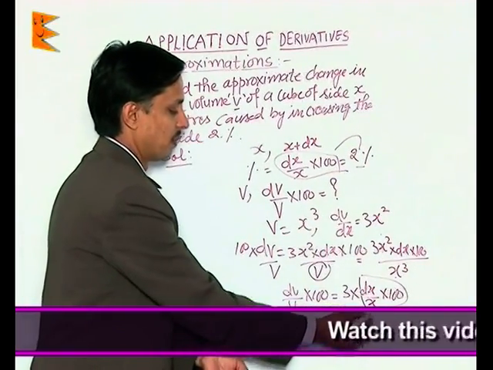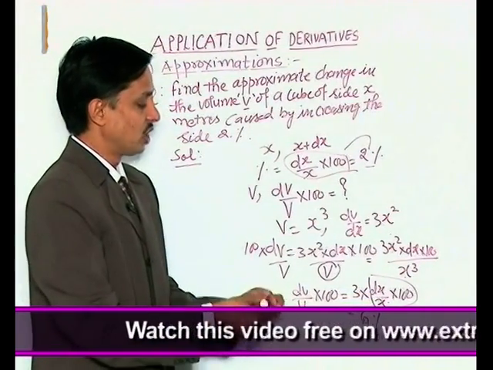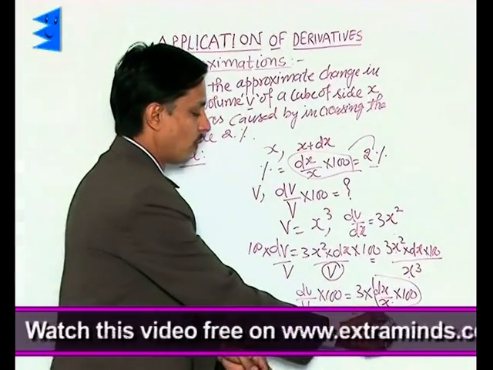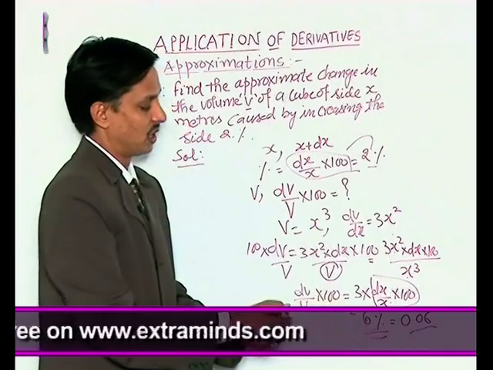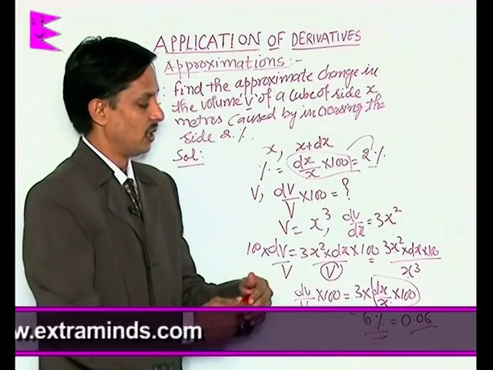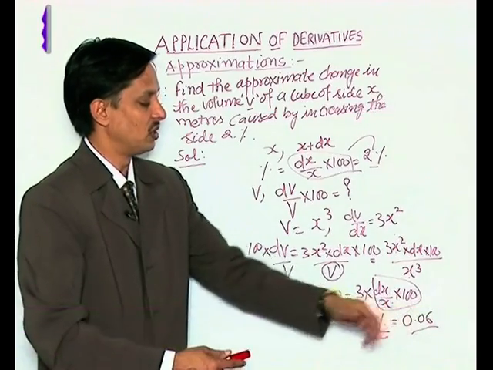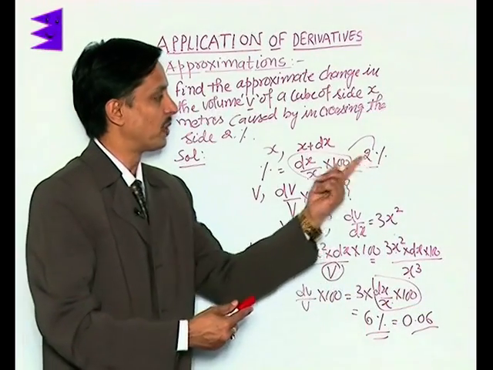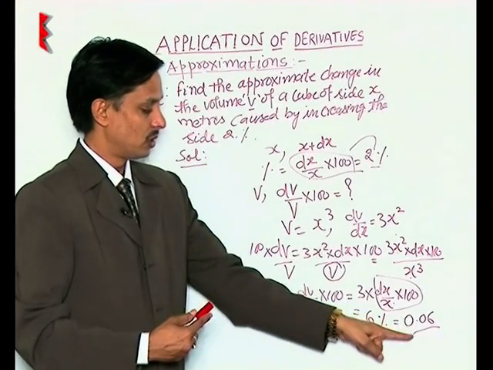So, this becomes 6%, because 3 times 2 is 6. Hence 6% change, or we can say 0.06. To remove the percentage, we need to apply a denominator of 100. So, the final answer without percentage is 0.06, the change in the volume caused by a 2% change in the edge of the cube.